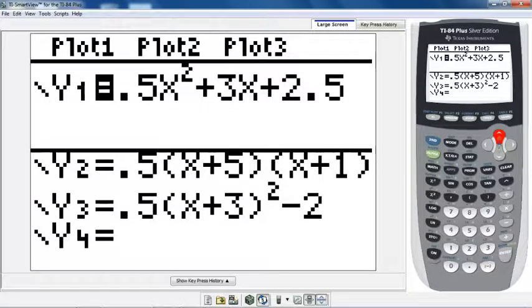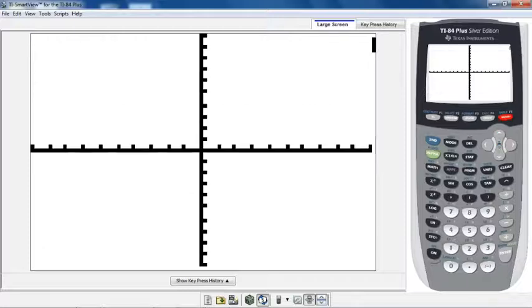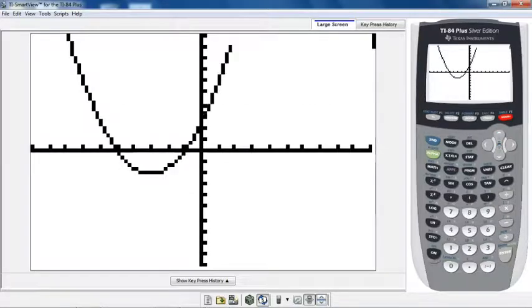It's going to open up. Looks like that. Vertex, I think, is -3, -2. The zeros, I think, are -1 and -5. Okay.